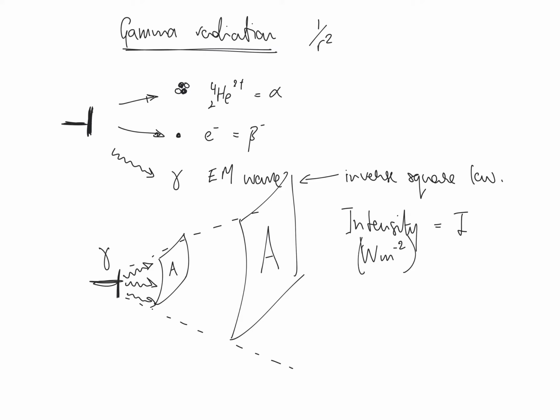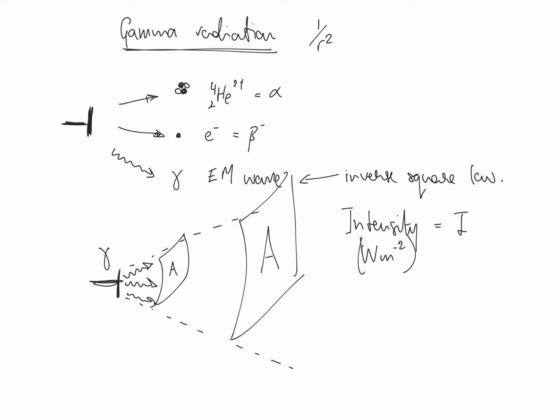So what we're looking at is the power per square meter that falls on something. We're dealing with an area, of course, but we're actually talking about the energy falling per second. So it'd be fair to say that the gamma coming out from this source has an intensity.